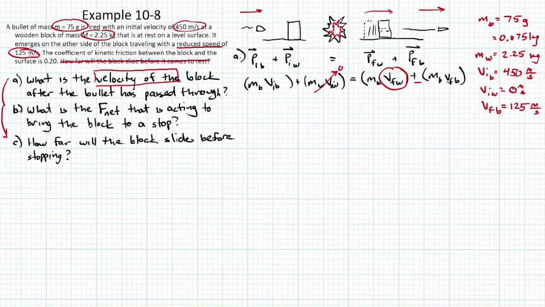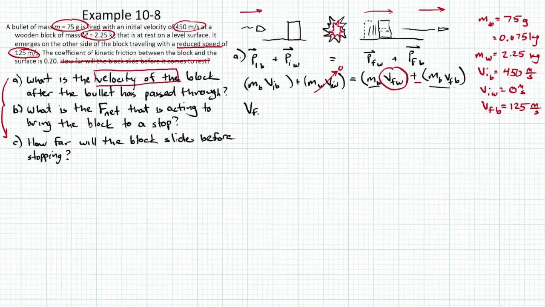Okay? So let's solve for final velocity of the wood block. We're going to subtract this from both sides, and then we're going to divide by mass of the wood block. So it should look something like this.